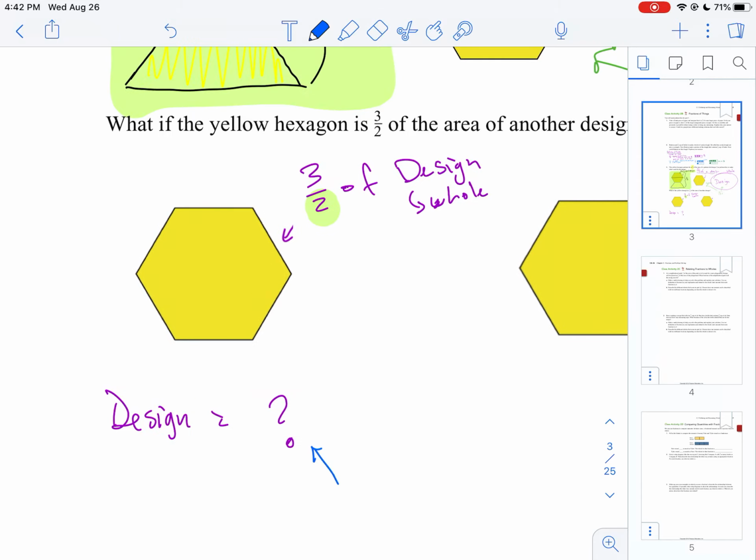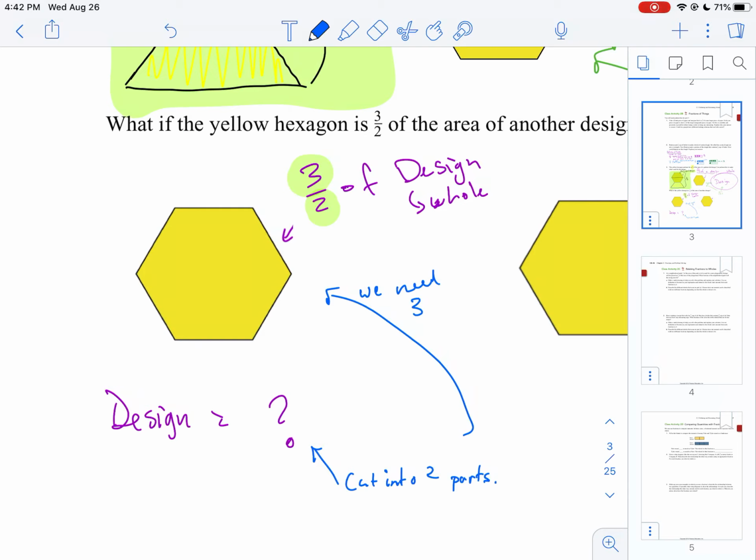Design. Cut the whole, the design, cut into 2 parts. And then we need 3 of those parts, the numerator, up here. So how do we get 3 parts from this? Well, we have to cut this into thirds.